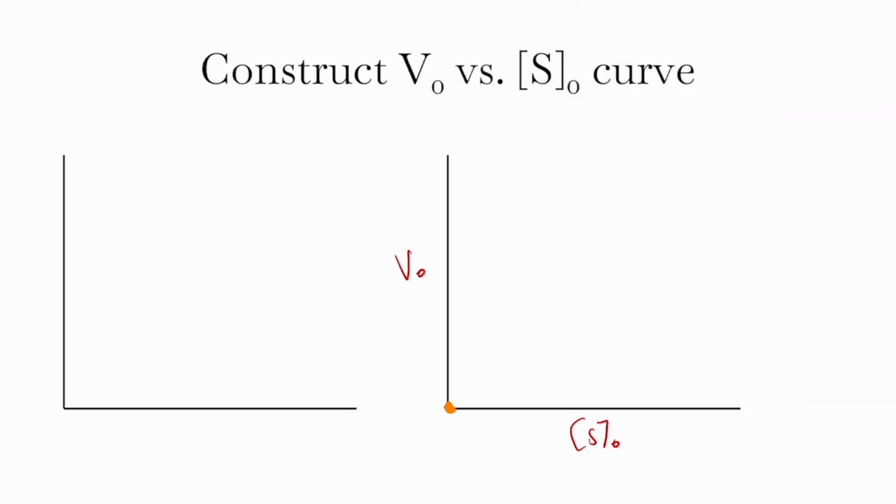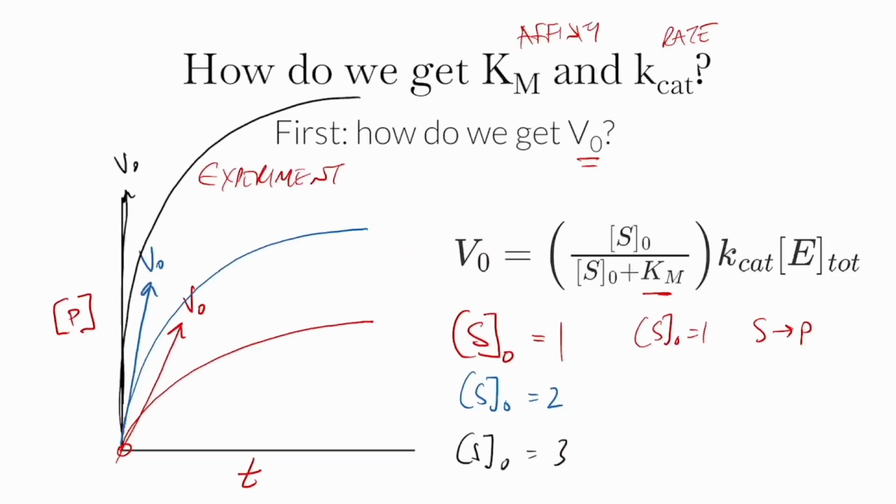For red, maybe it's there. This is 1. And then I had 2. Let's put that there. And then 3. Let's put that there.